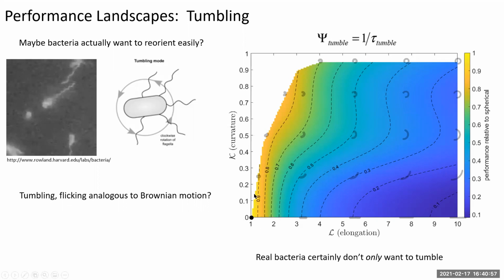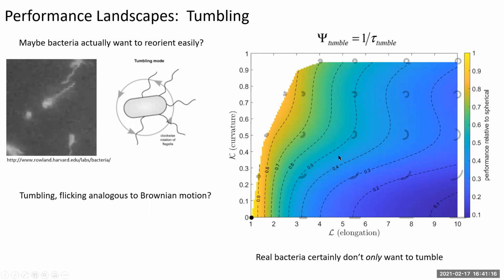You want to be really easy to reorient if you want to tumble easily, right? If you're really long and skinny and straight, it's going to be very hard for you to tumble or reorient on purpose, and you actually will never be able to go in a different direction than you were really going. So that's not great either.